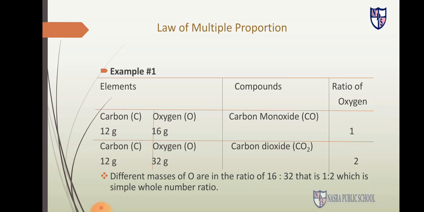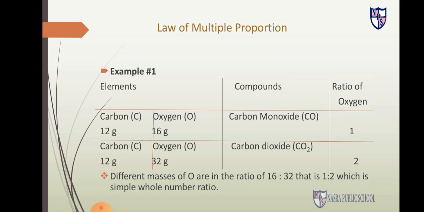So the mass of 2 oxygen atoms will be double of 16, that is 32 gram. Since we have 2 oxygen atoms here, the mass of oxygen will get doubled. Here you can see, out of these two compounds, carbon is the element that has a fixed mass, that is 12 gram, during the formation of both compounds. But the mass of oxygen is changed or different.